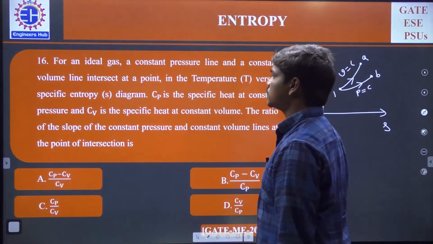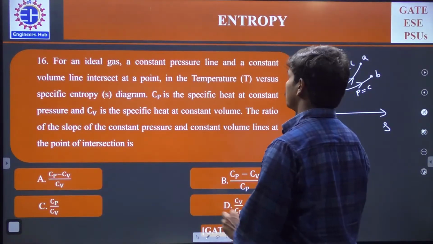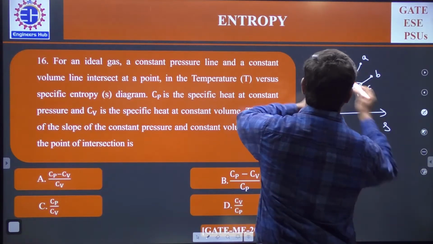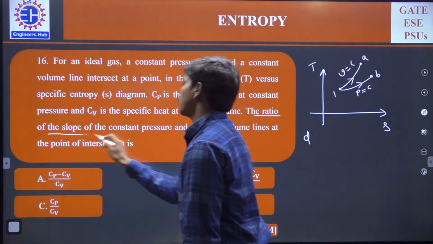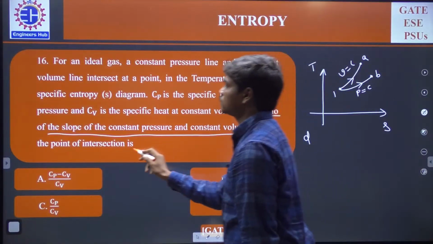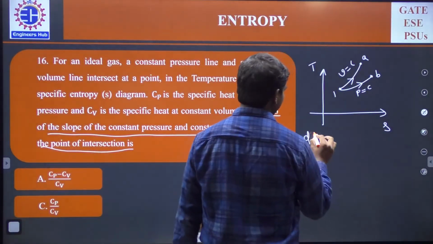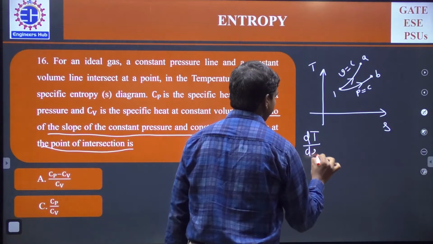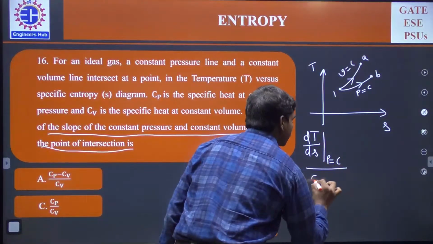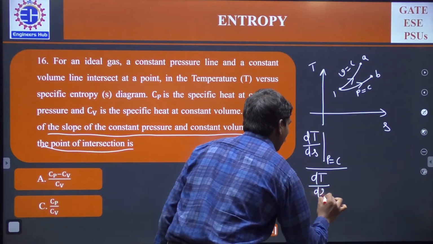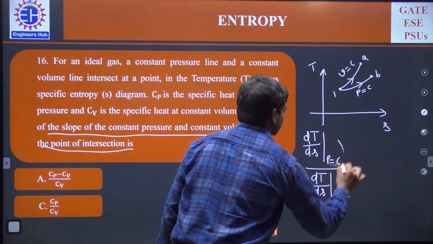So see what he's asking for. Cp is the specific heat at constant pressure and Cv is the specific heat at constant volume. On a temperature versus specific entropy diagram, the ratio of slopes of constant pressure and constant volume lines means basically he's asking, I told you, slope is dT by dS for constant pressure divided by dT by dS at constant volume. This is what he is asking for.